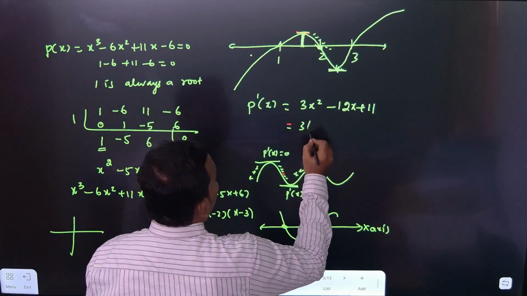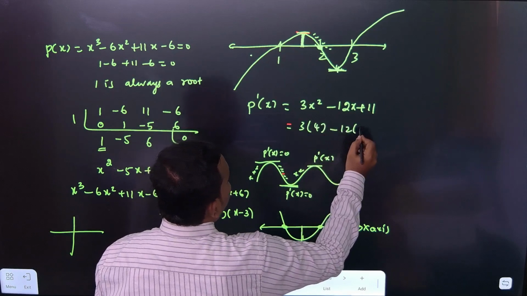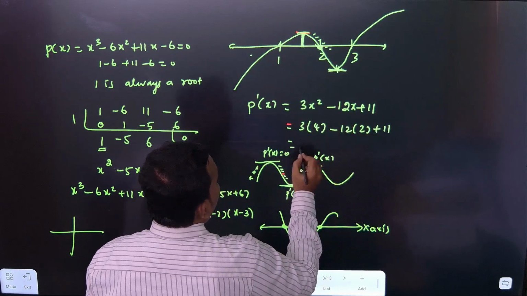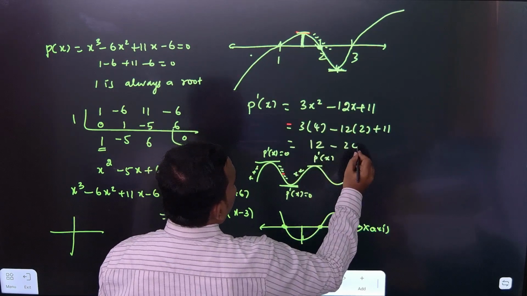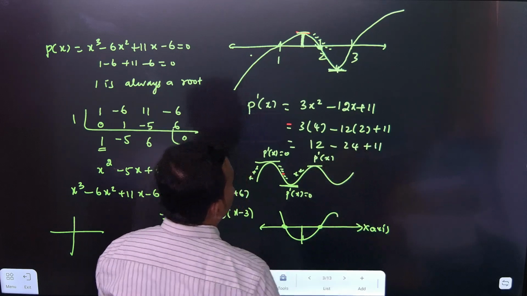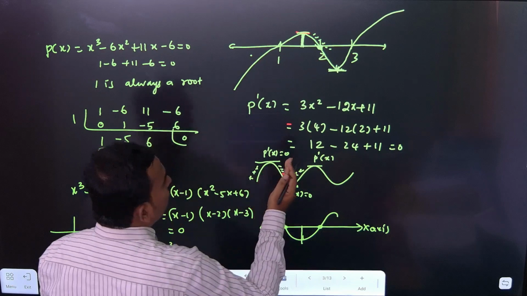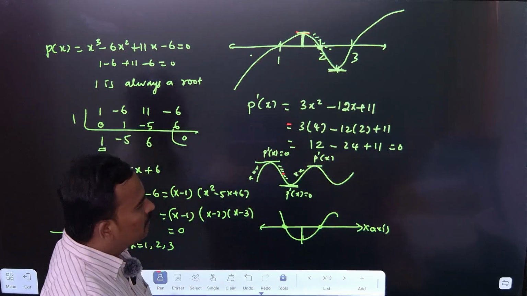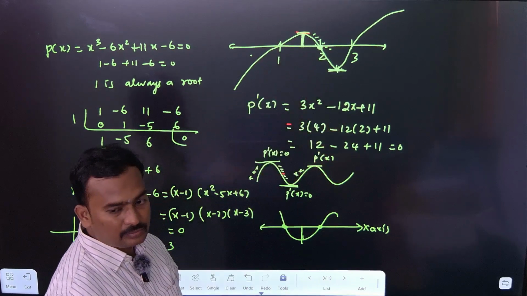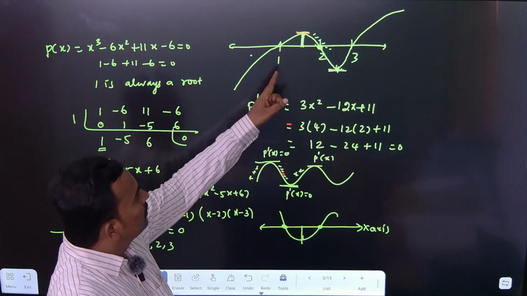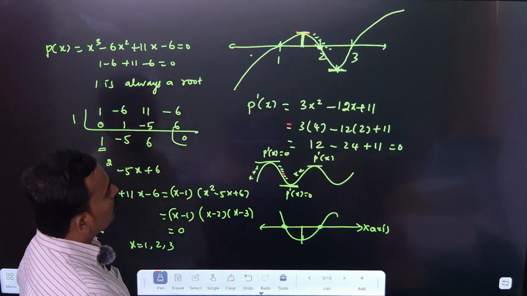What will we get? 3 into 4 minus 12 into 2 plus 11. It says 12 minus 24 plus 11. So definitely it will be 0, right? But if you take less than that, definitely it will be negative, right? Correct or not?